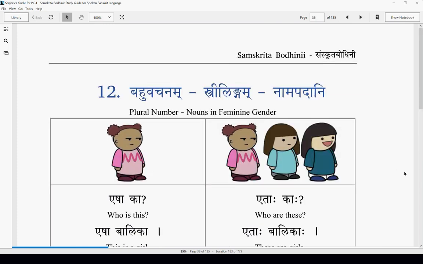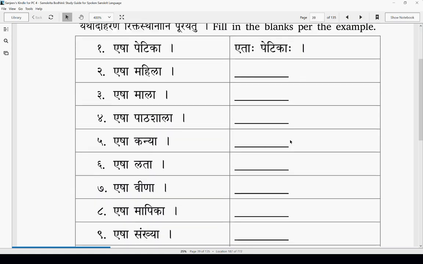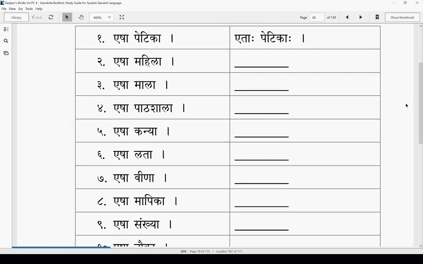Esha mala. Eta malaha. Esha shala. Eta shalaha. Esha kanya.